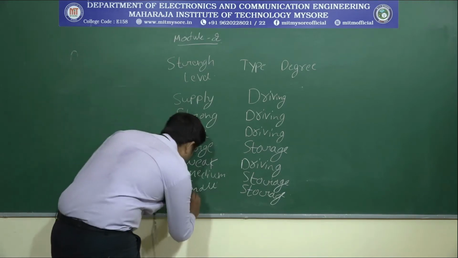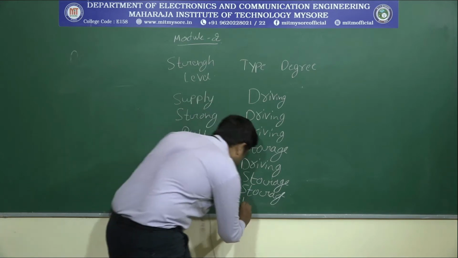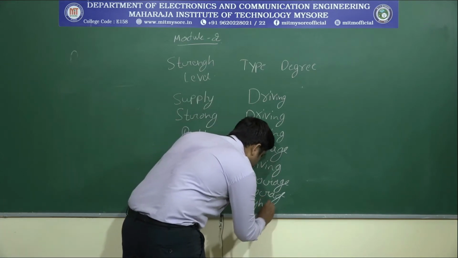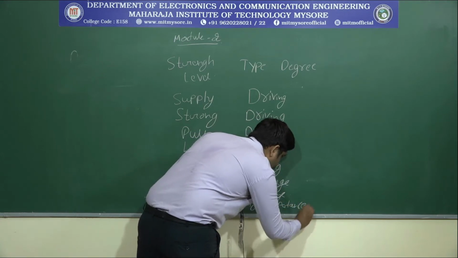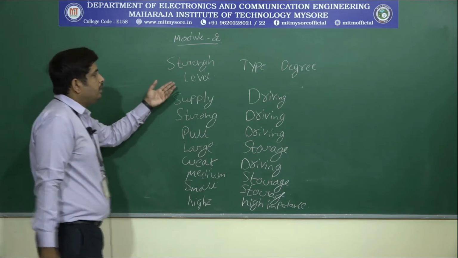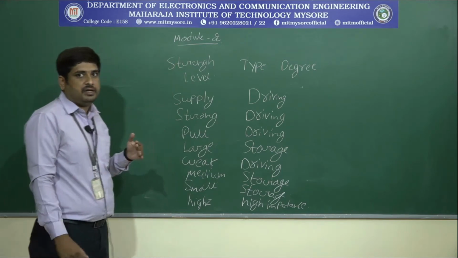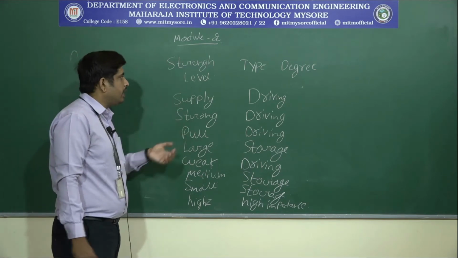Last one is high impedance, which we name Z, high impedance. These are the strengths of Verilog HDL. Again I repeat, there are 8 strengths of Verilog HDL.